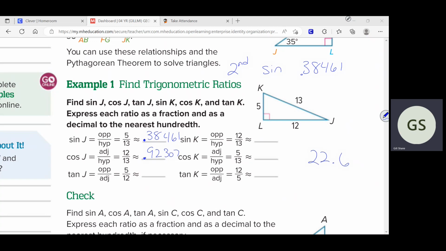We just calculated for angle J, because that's the one we took the sine of, using the proportion. We took that proportion, that decimal, and we used a function that tells us based on that proportion that the angle measure is 22.6 degrees. That's what these are used for.